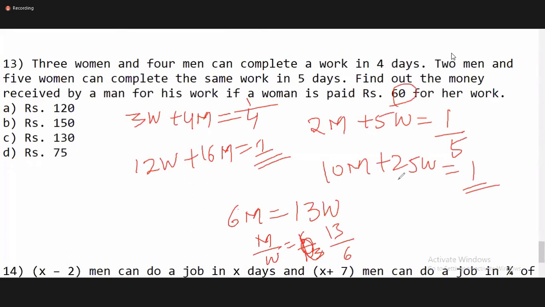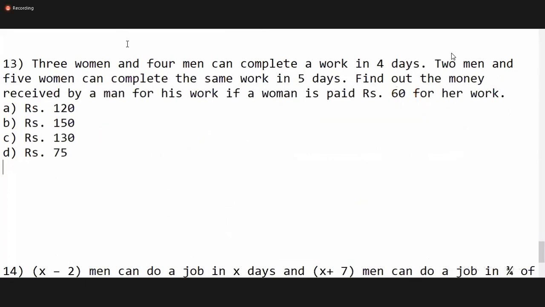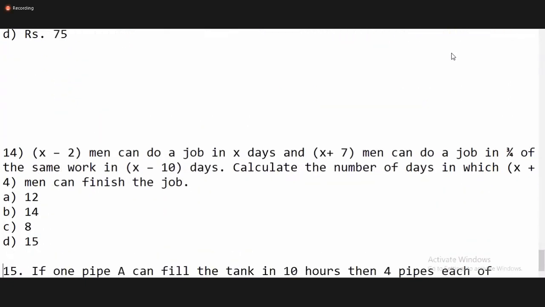If a woman is paid 60 rupees, if 6 parts is 60, then 13 parts would be 130 only, no? 6 parts is 60, then 13 parts would be what? 130. Yeah, 13 by 6, agree. 6 parts is 60 rupees, then 1 part would be 10 rupees, then 13 parts would be 130 rupees.